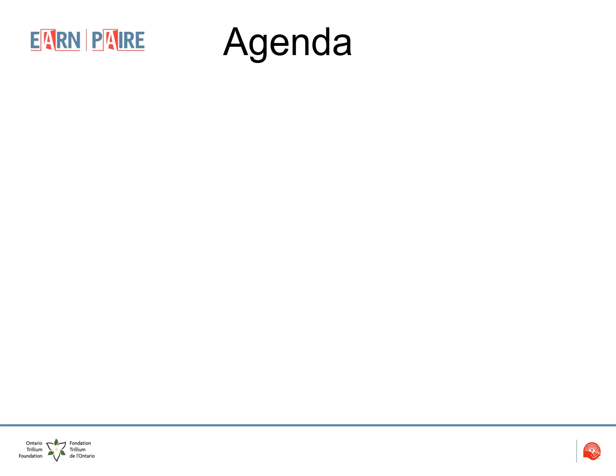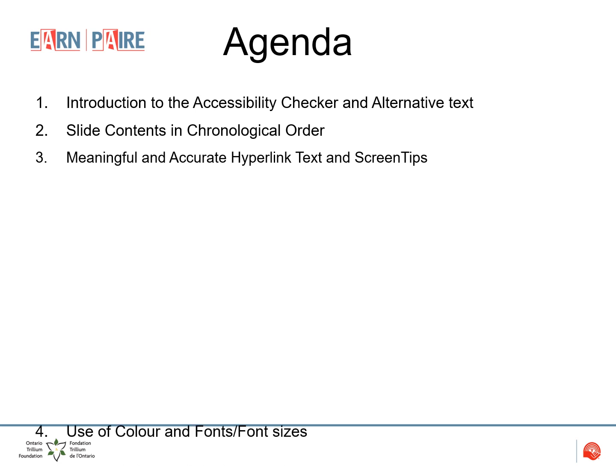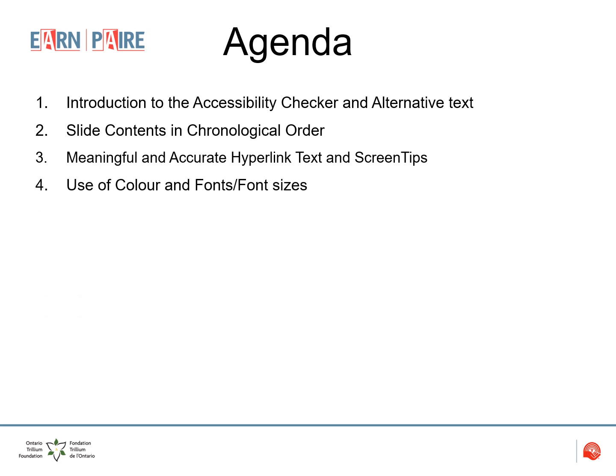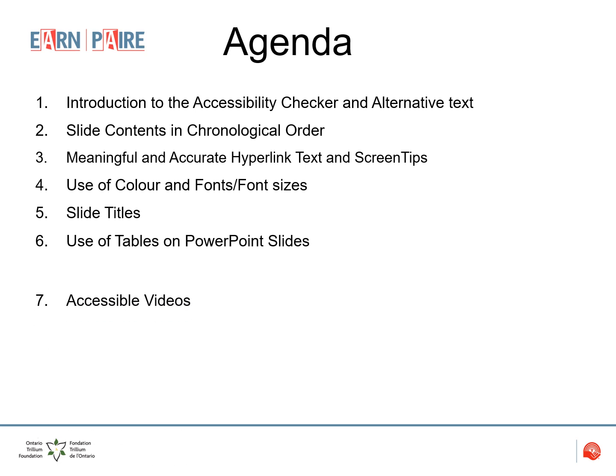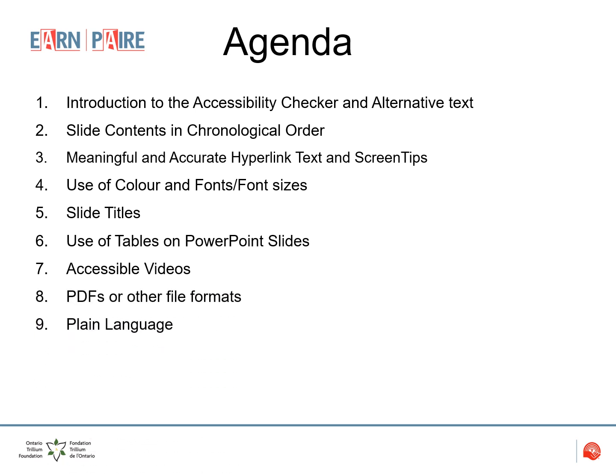I will briefly cover the following topics: introduction to the accessibility checker and alt text, slide contents in chronological order, meaningful and accurate hyperlink text and screen tips, the use of color and fonts as well as font sizes, slide titles, the use of tables on PowerPoint slides, accessible videos, PDFs and other file formats, plain language, a recap on accessible presentations, and lastly, some resources.